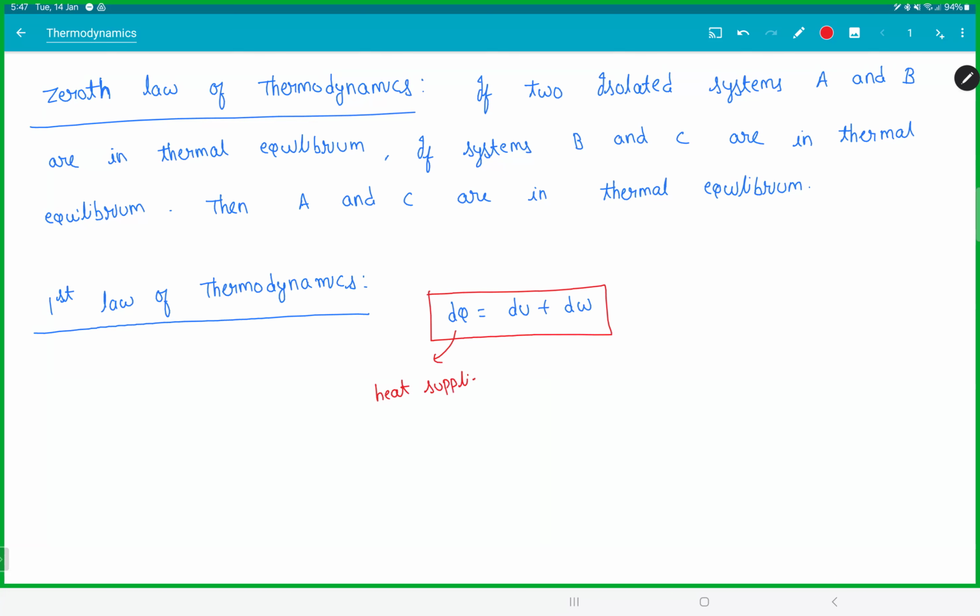Now you have to be careful. Unlike chemistry, the convention is slightly different here. dU is the change in internal energy. dW is the work done. So this is another form of the law of conservation of energy.